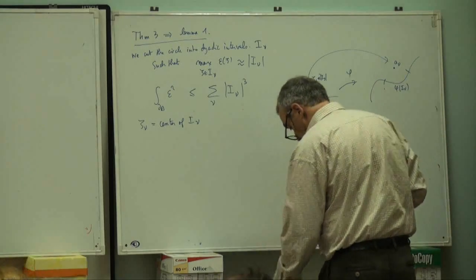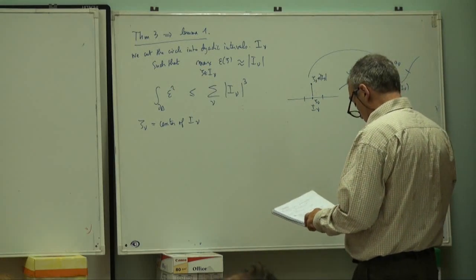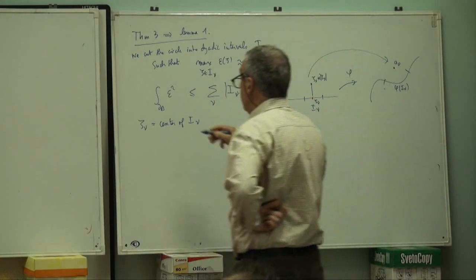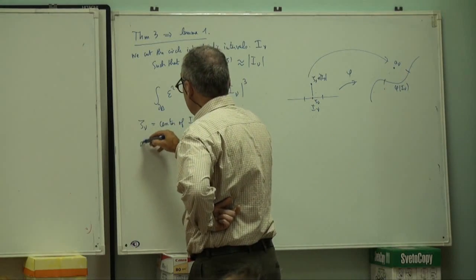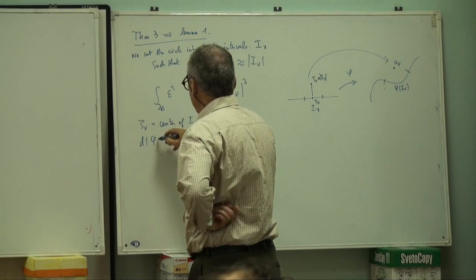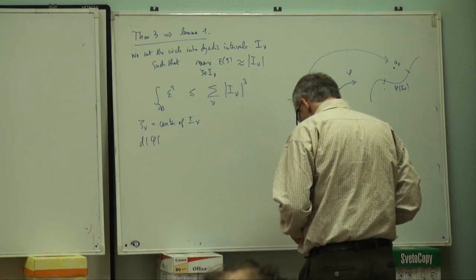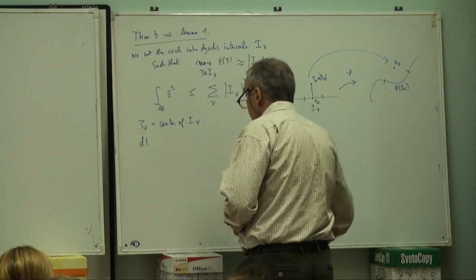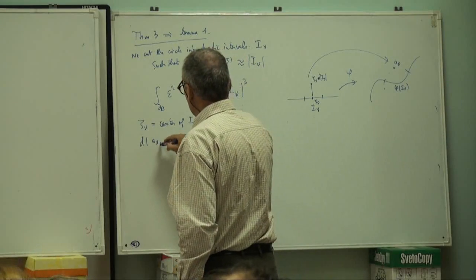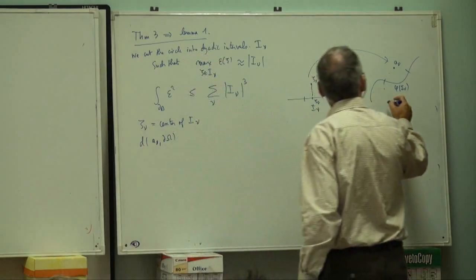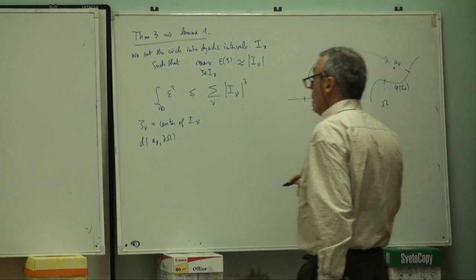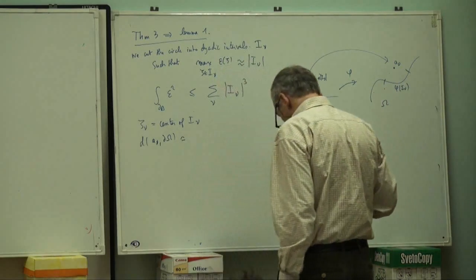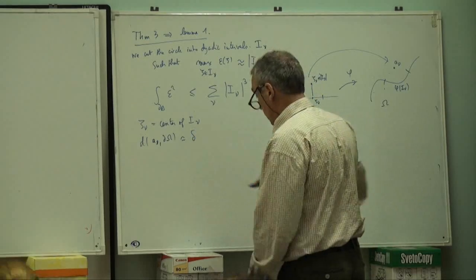Okay. So by construction and by the definition of epsilon, we have that the distance from phi, from A nu to d omega, so this is omega, is comparable to delta. Okay.